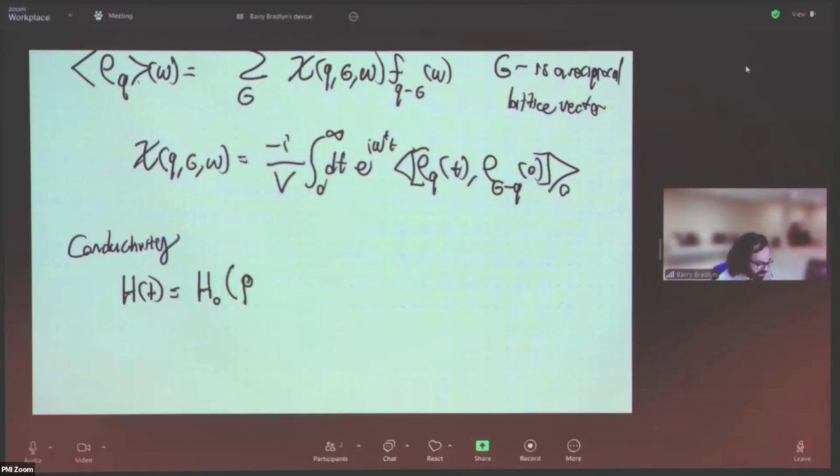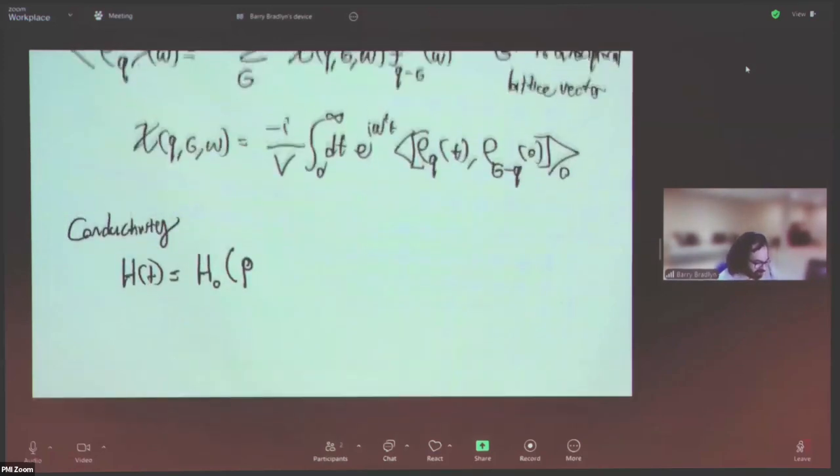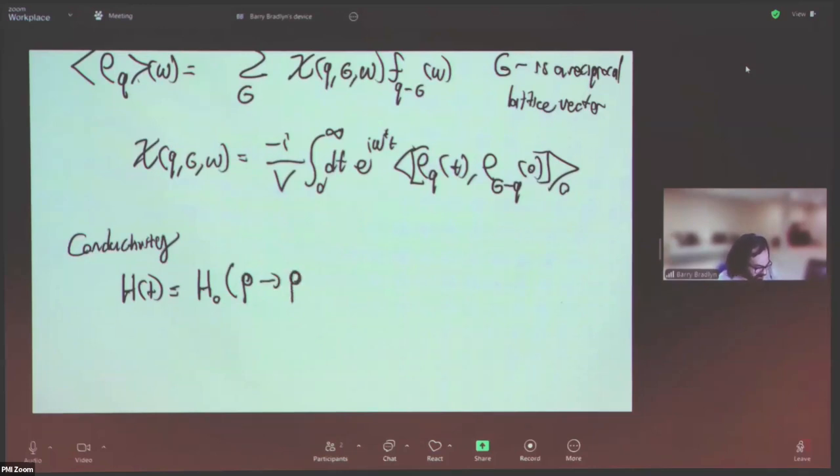What happens is the momentum operator everywhere in our Hamiltonian gets replaced by momentum minus the vector potential. But this means that the Hamiltonian generally doesn't just depend linearly on the vector potential.